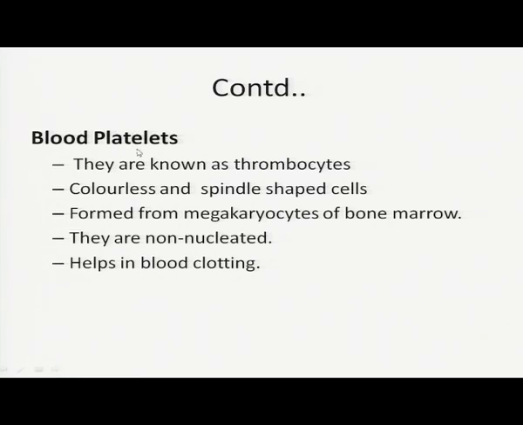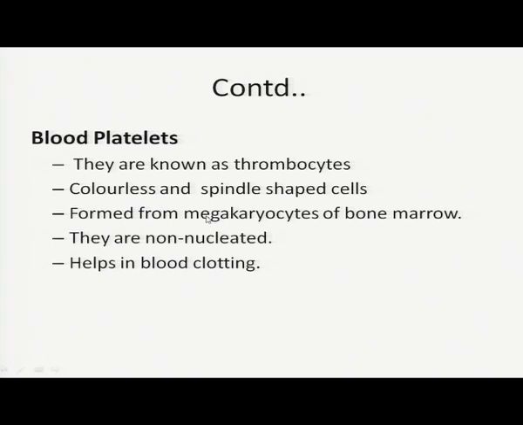Now, coming to the third type of cell, the blood platelets. They are known as thrombocytes. They are colorless, without any hemoglobin. They are spindle shaped cells, and these thrombocytes, or blood platelets, are formed from a large sized cell present in the bone marrow, and that large parental cell of the blood platelet is known as the megakaryocyte.